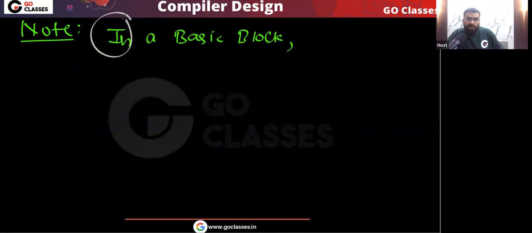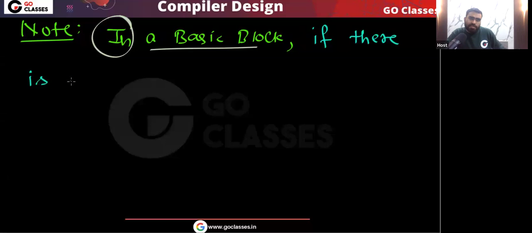In a basic block, if there is a jump instruction, that will be the last instruction.